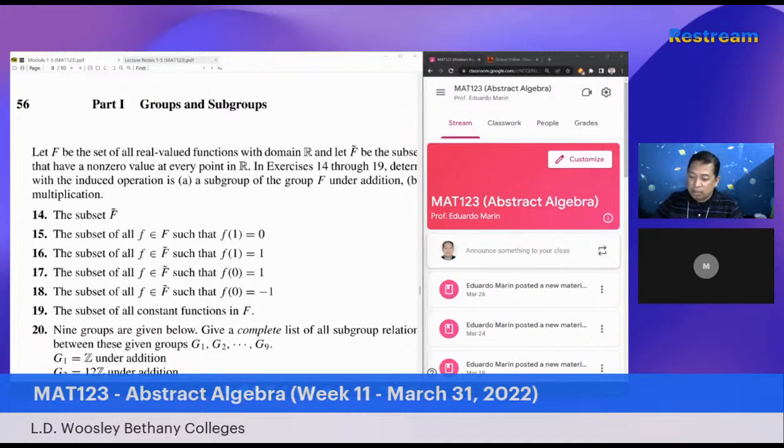Okay, no to addition, yes to multiplication, correct. All right. About number 18. Sige, you answer 18 and 19 too.